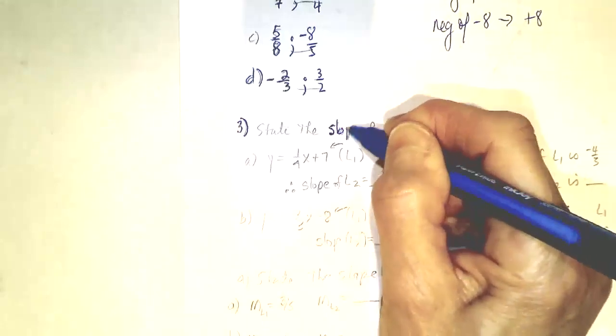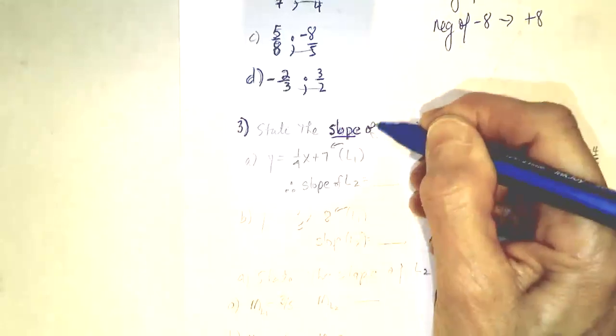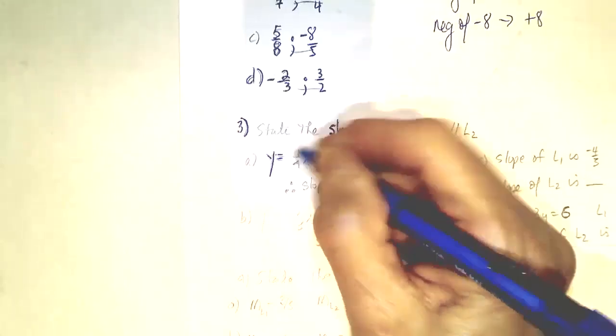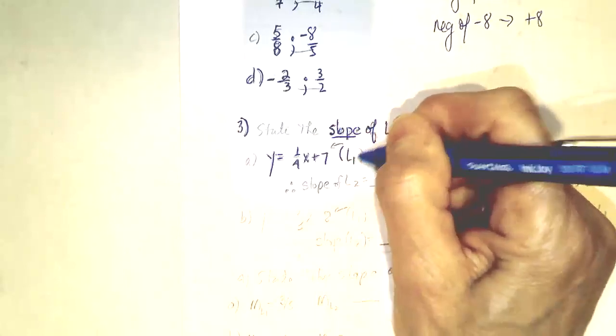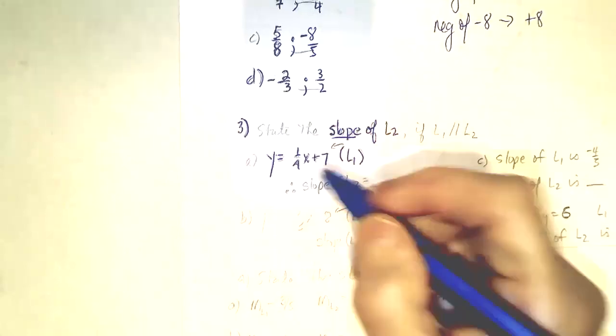So let's use the idea now and just talk about the slopes of lines. Let's go back to thinking about lines. I'm always going to have 2 lines. I'm going to tell you the slope of the first line, and you are going to tell me the slope of the second line.